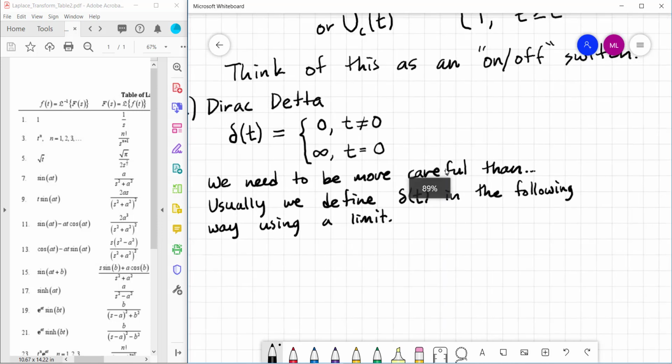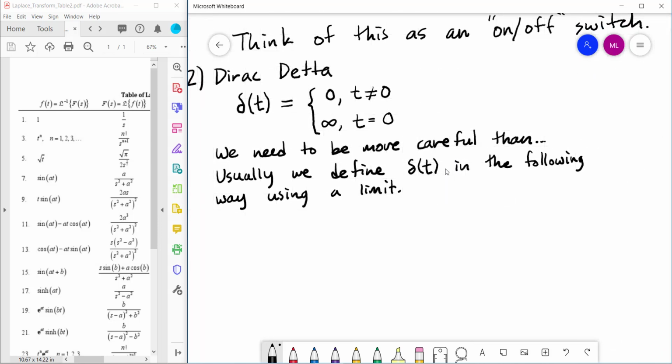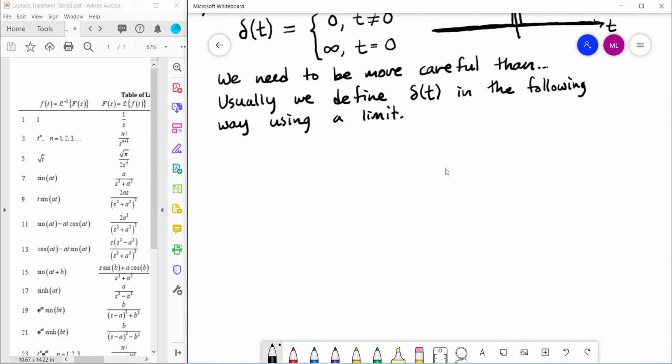Here's t. The graph looks like this. And then right at 0, it suddenly spikes up. You can think of it as a spike, but this spike is infinitely high. We actually define it using a limit in a similar way. You can think of basically saying the following.